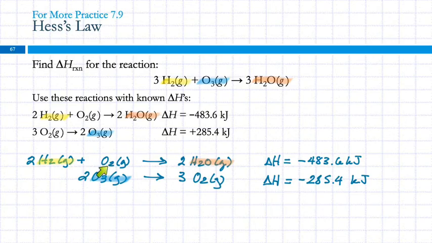So I've got oxygen as a reactant and oxygen as a product, and I don't want any oxygen in my final reaction. Are they going to cancel out as it is? No. I've got 3 oxygens down here and only 1 up there. So I need to multiply the top equation by 3.